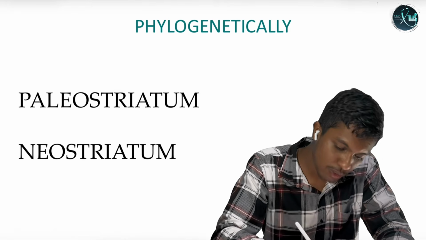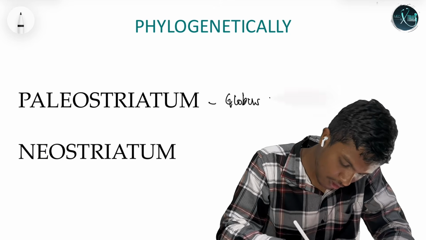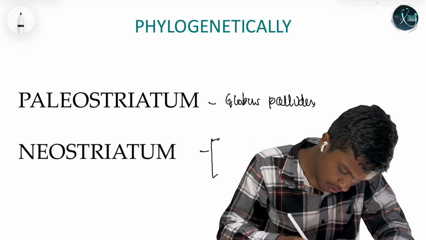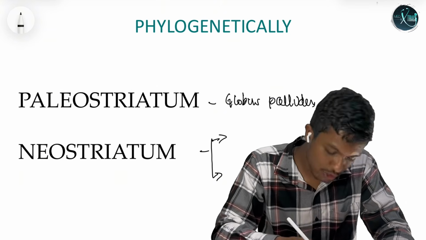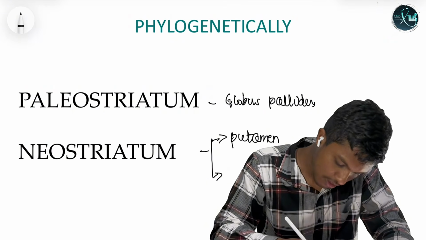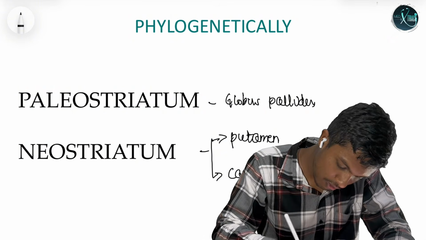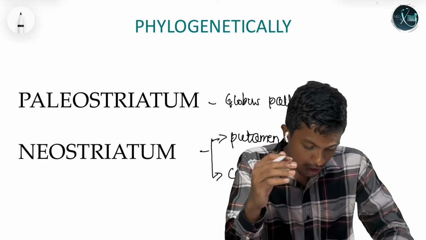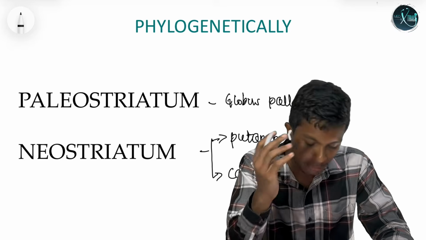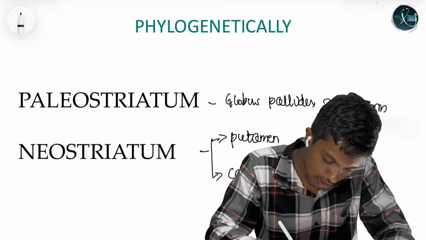Paleostriatum refers to the globus pallidus, while neostriatum refers to the putamen and caudate nucleus. Anatomically, globus pallidus and putamen form the lentiform nucleus.